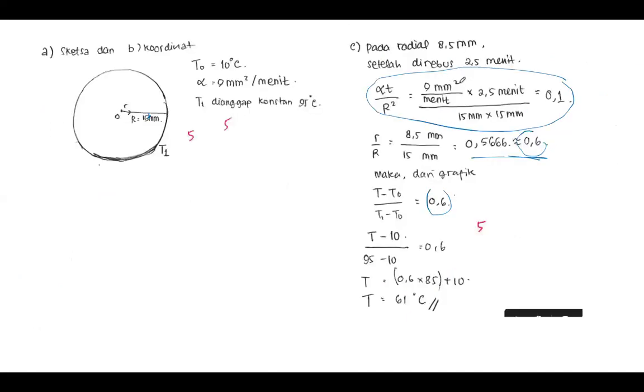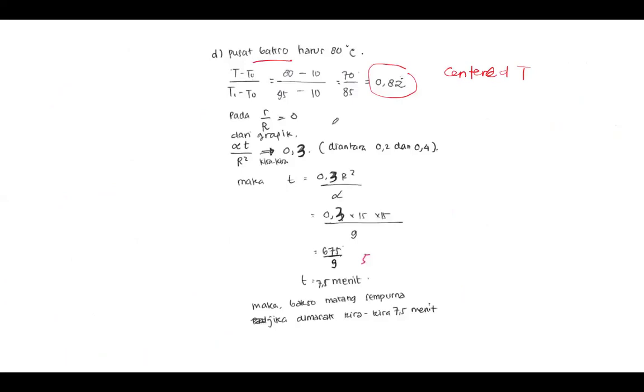Because you know alpha t divided by r squared equals 0.3, and you know this is 9, and r squared is 15 squared, you can then get your time.